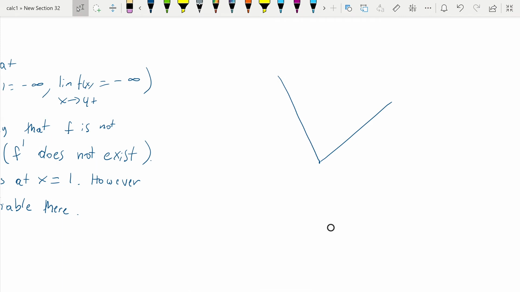This means that the function will not be differentiable, because f prime is defined as a limit. Here the slopes are negative, and if you compute the limit from the left, it will give you a negative slope.